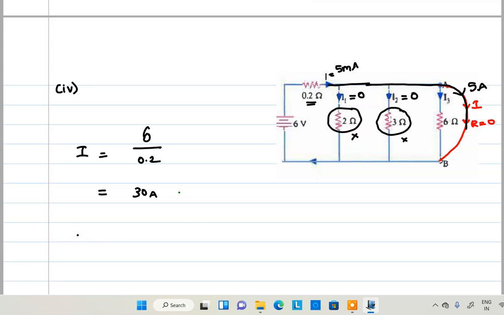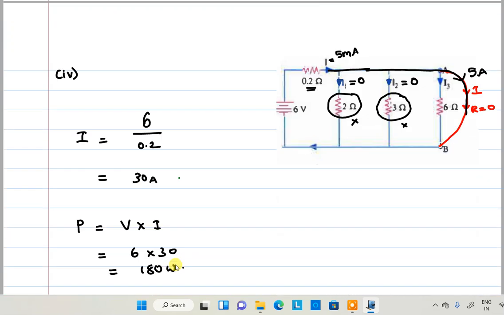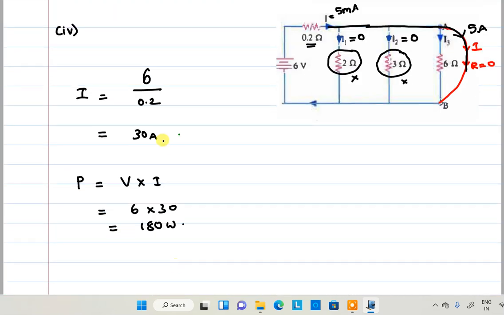Next, we are moving to the power supplied. Power P is equal to V into I. What is V? 6. I is equal to 30. 180 watts. But one thing you need to remember. What about the actual current? In the normal case the current is 5 amperes. But whenever it is short circuited, what about the current? Very high. Right? What about the power dissipated?